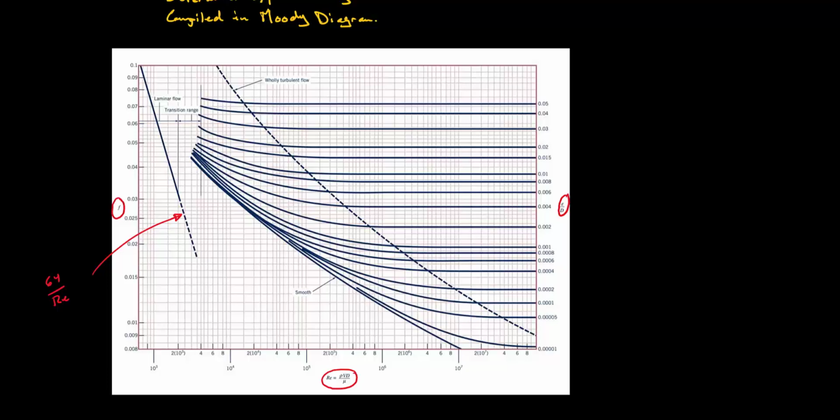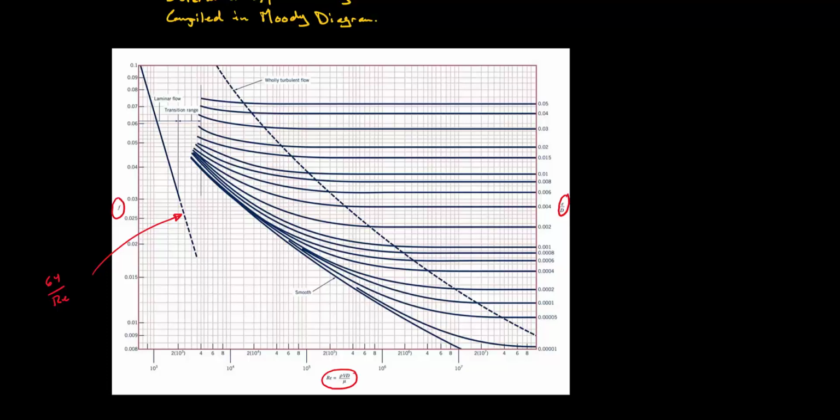Now, for a given Reynolds number and a known surface roughness, what we can do is match up the value on the x-axis with the intersection of our surface roughness and then find the friction factor.